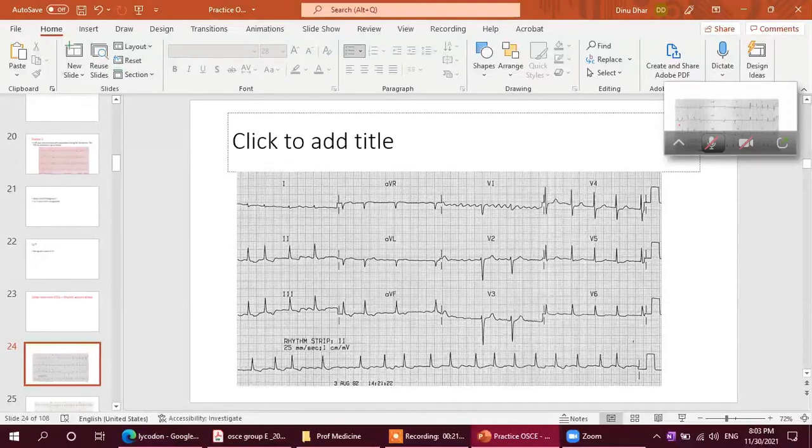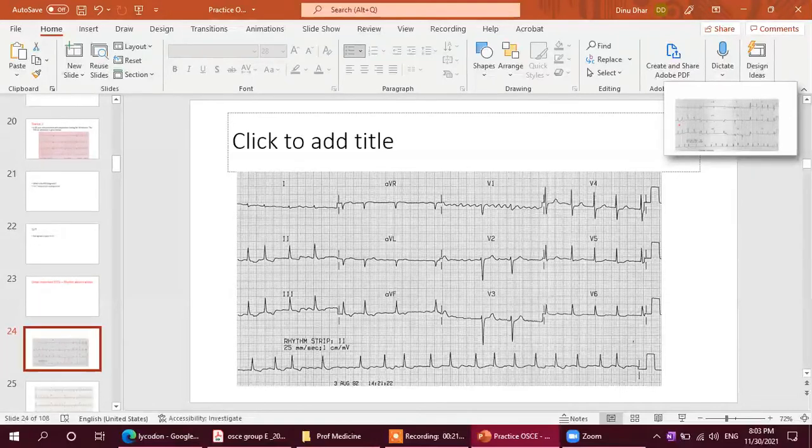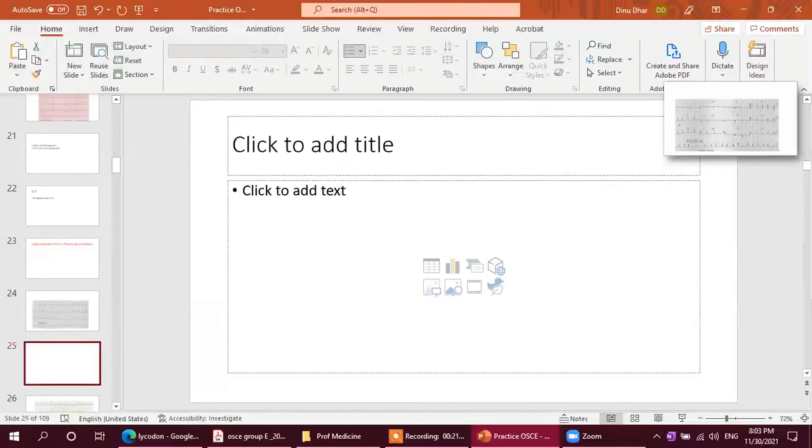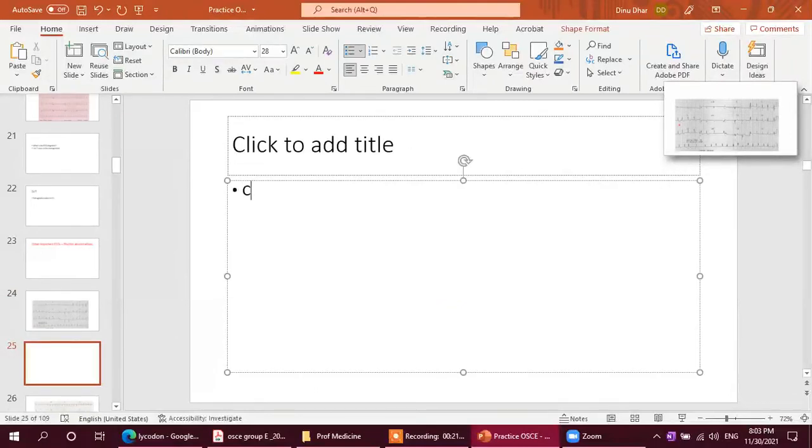The key feature here is this is completely irregular. The rate is completely irregular, and you can see this irregular baseline in between the R waves.